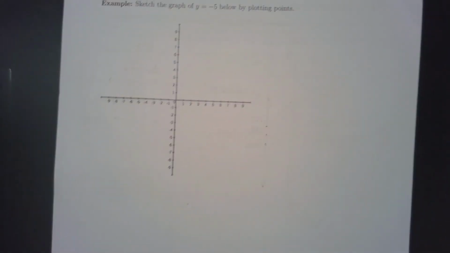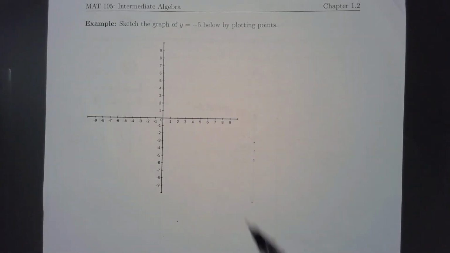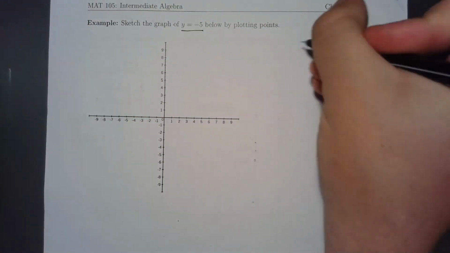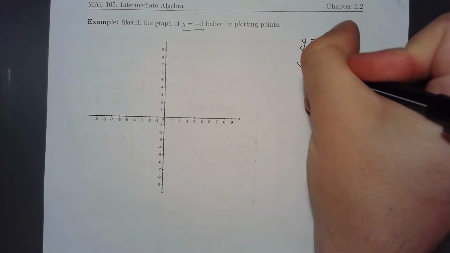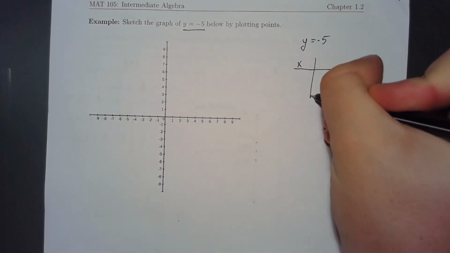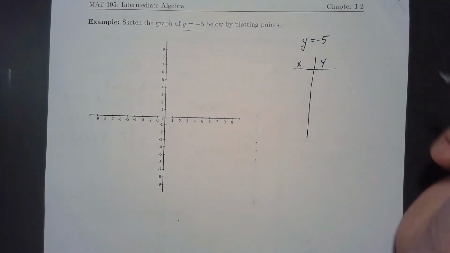And the last example in this section deals with this line: y equals -5. If the last example was a vertical line, what do you think this one's going to be?